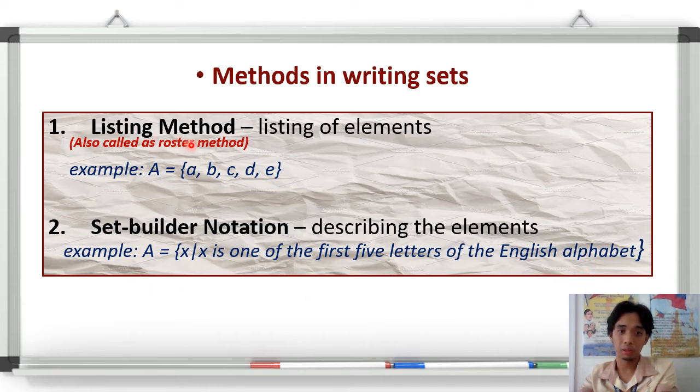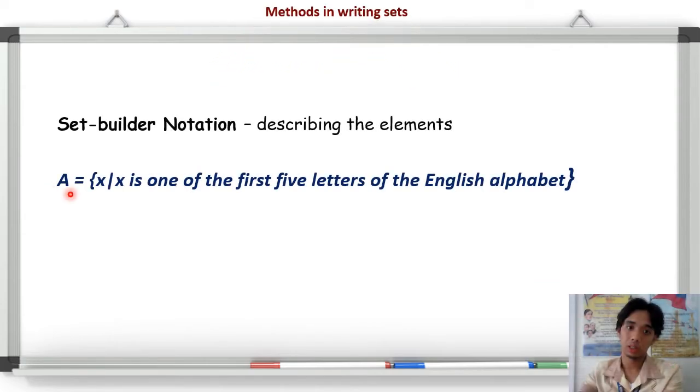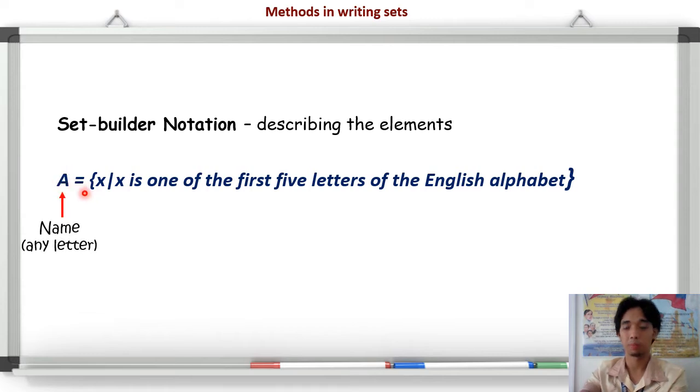The listing method, we are already familiar with this example. We already discussed it. So let's take a closer look at the example for set builder notation. This is an example of a set written in set builder notation form. Just like in the listing method, we have here the capital letter that represents the name of our set.